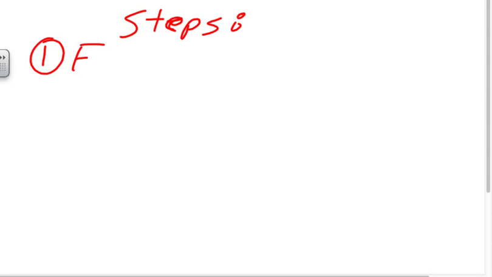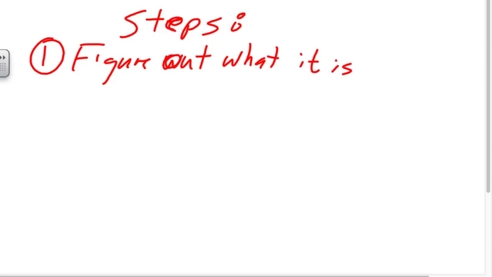So here are going to be our steps. These are sort of similar to what's in the book. I've just sort of worded them a little bit differently. Step number 1, figure out what it is you need to find.